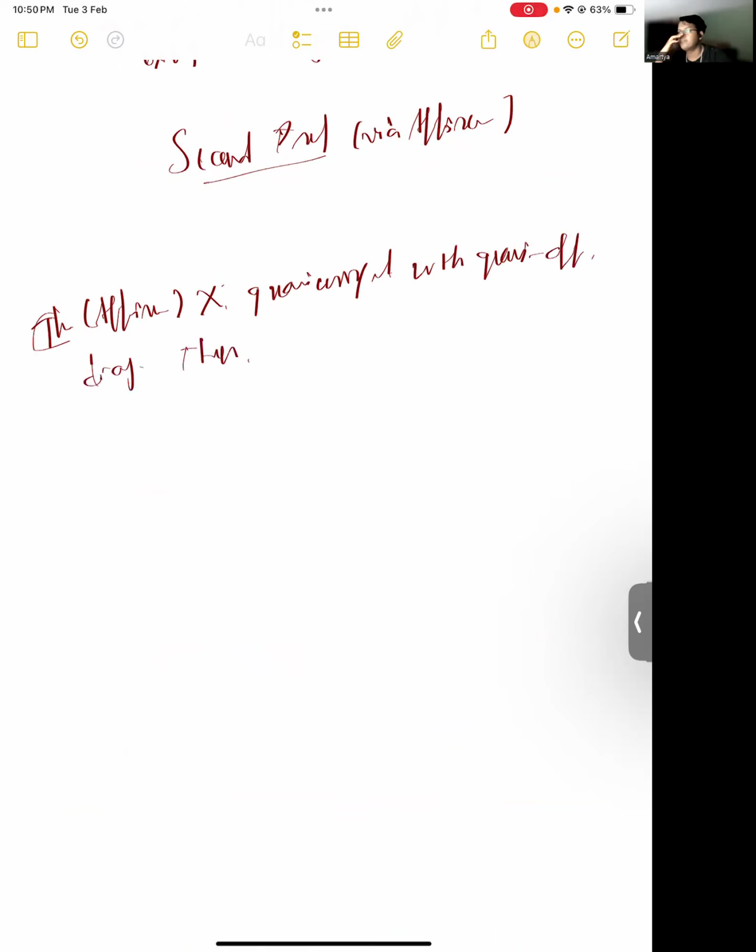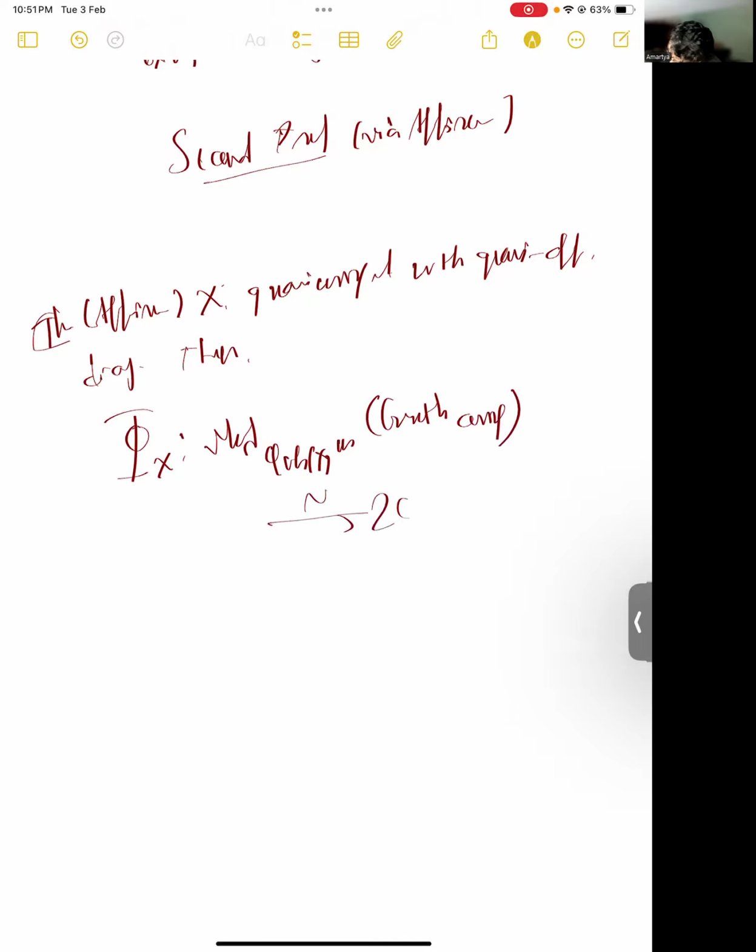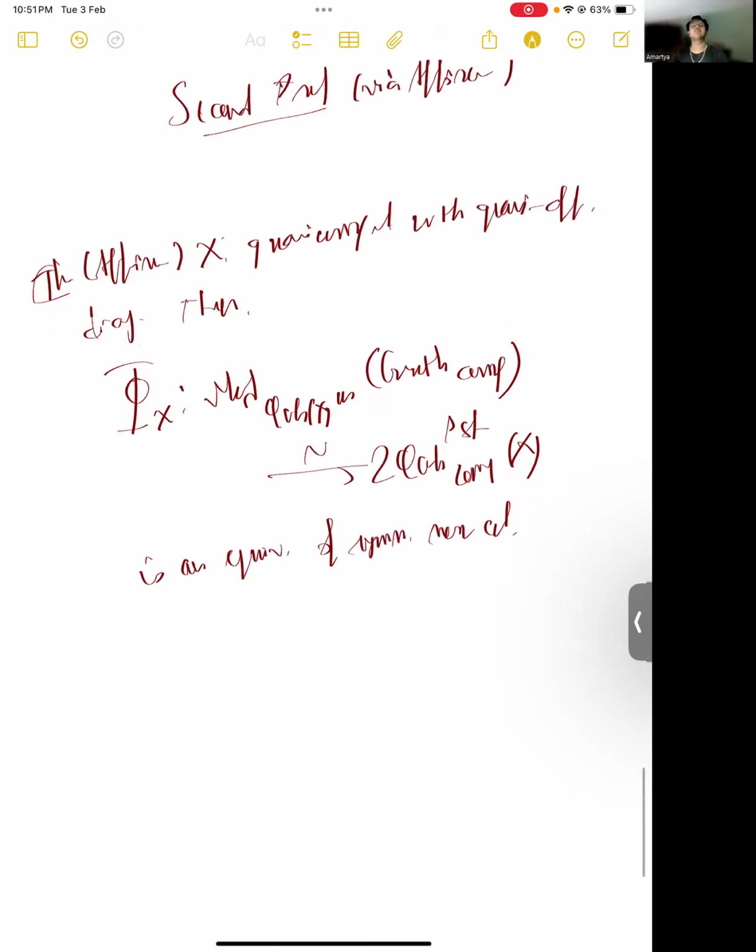Then there's a functor, Phi X, from Mod U to Grothendieck-complete Q-comp PC-comp X, which is an equivalence of symmetric monoidal categories.